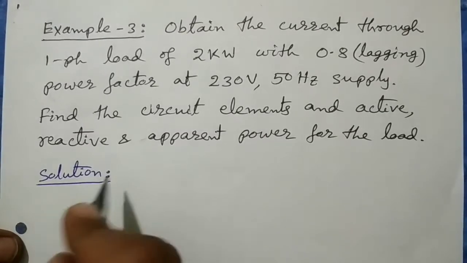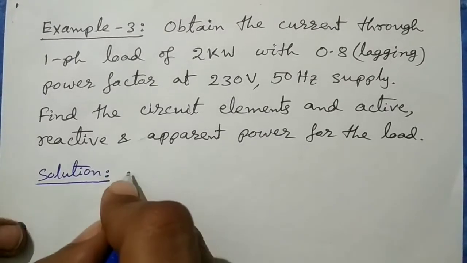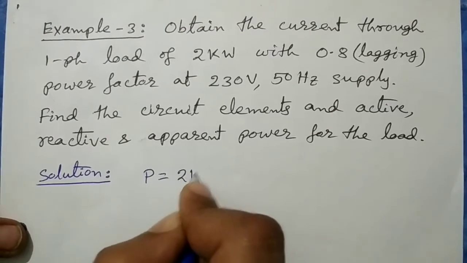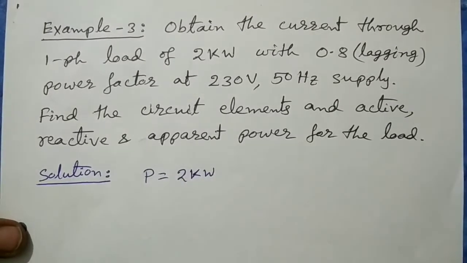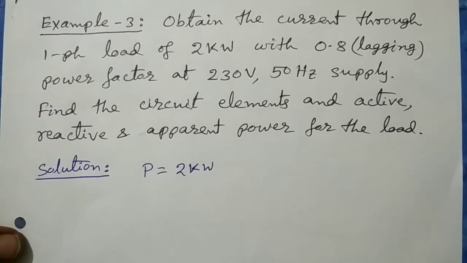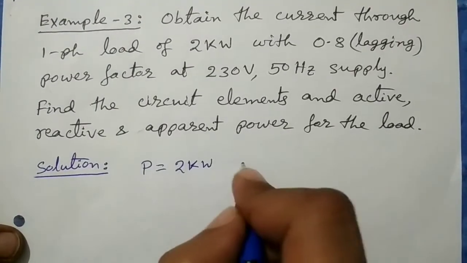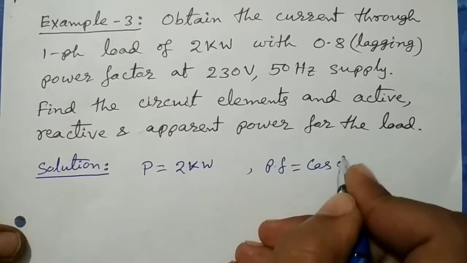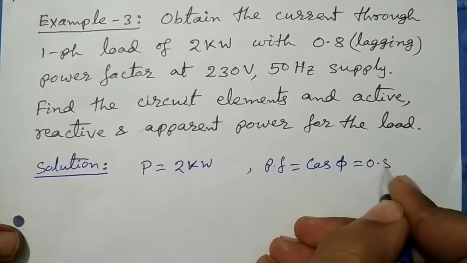As here in the solution, the active power is already given, that is 2 kilowatt. And the power factor is given, that is cos phi is equal to 0.8.